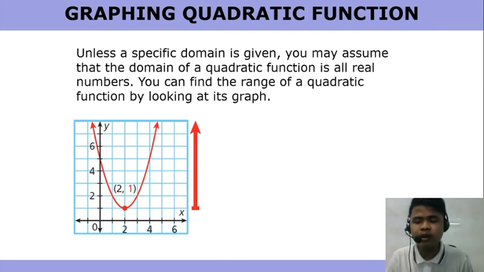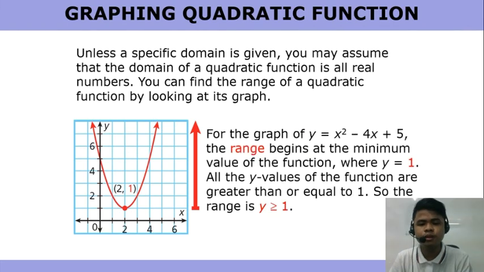Okay, meron tayong given parabola dito and the vertex is 2, 1 and it opens upward. For the graph of y is equal to x squared minus 4x plus 5, the range begins at the minimum value of the function. Again, the range begins at the minimum value. Take note of that.